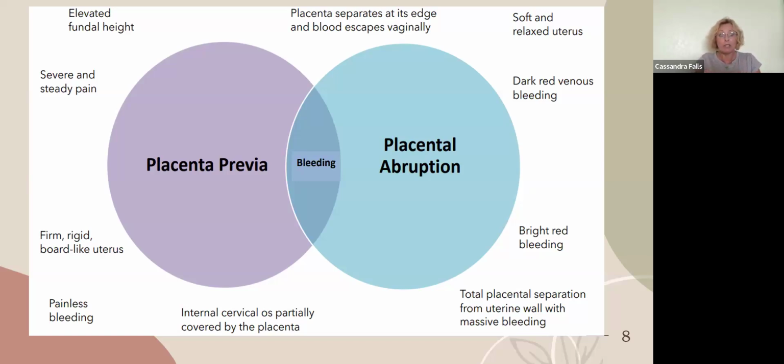But when you have an abruption and that uterus is tight and rigid from an abrupted placenta, that uterus feels really firm and hard inside, and it just feels different than a contracting uterus. As you get used to feeling, it's important that you feel what a normal contracting uterus feels like. So if you have someone who's abrupting, you feel that and you're like, oh, this doesn't feel like a normal contraction. So we need to know what normal feels like.